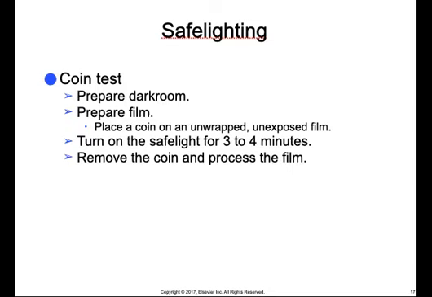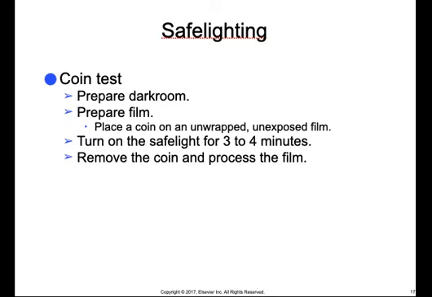Next, we'll prepare the film by unwrapping one exposed film and placing it on a flat surface at least 4 feet from the safe light. Then place a coin on top of the film, like a penny or a nickel. Then we'll turn on the safe light and allow the film and the coin to be exposed to the safe light for about 3 to 4 minutes.